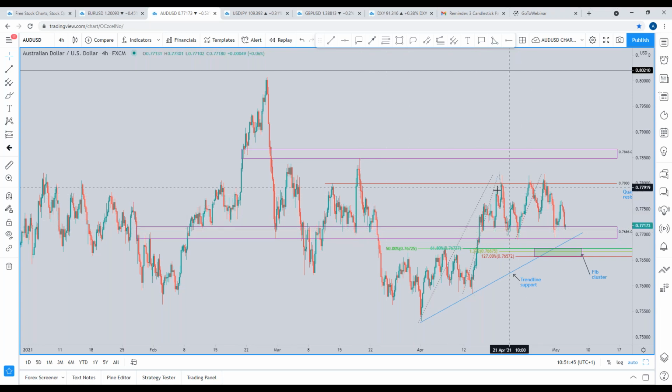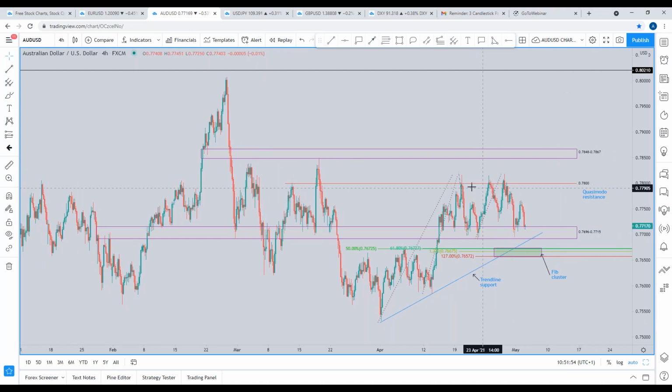As you see, we're now in a range on the Aussie dollar using this area as demand, and a 7,800 Quasimodo resistance is capping upside. I hope that answers your question, David.